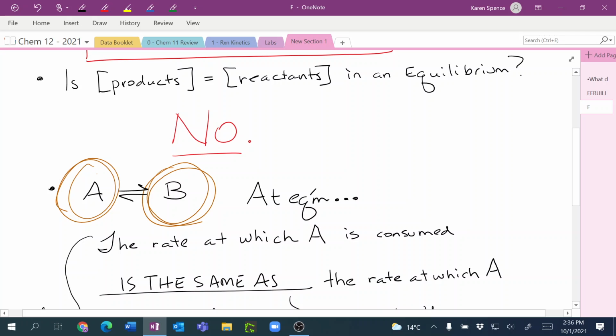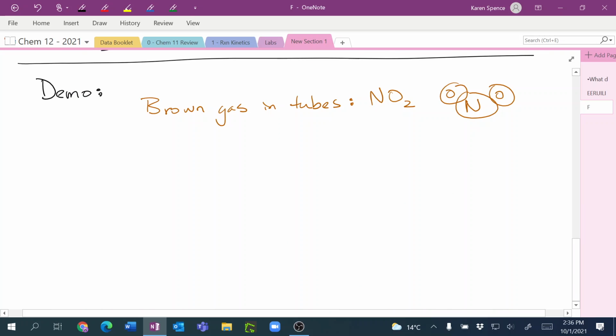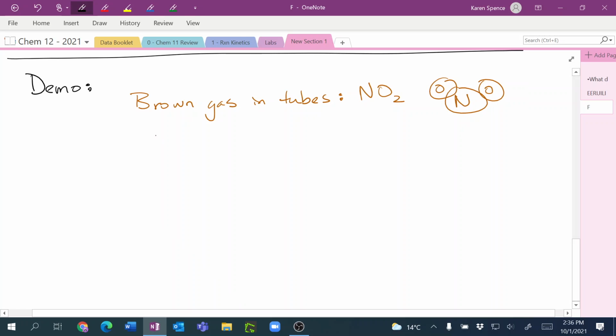It needs reactants and products. And so far, all I have told you about is a brown gas, yes? However, there is also a colorless gas.